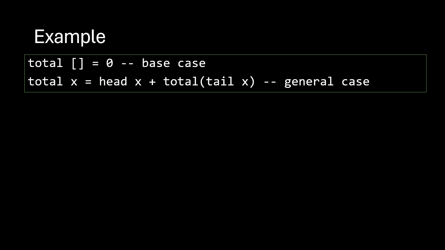It keeps doing that recursively until the list is empty, in which case the base case is invoked and we set the value to be 0. That's how we know at that point to stop the recursion.